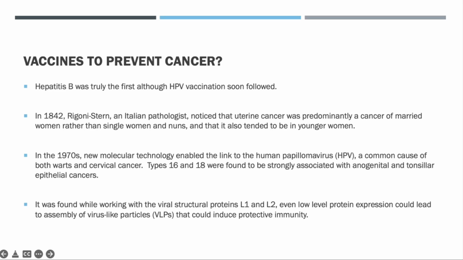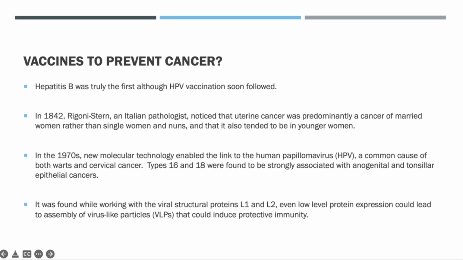And it was noticed, even in the mid 1800s, that there were some demographic variations in uterine cancer. There was an Italian pathologist who noticed that uterine cancer was predominantly one of married women rather than single women and nuns. And that it also tended to happen in younger women.